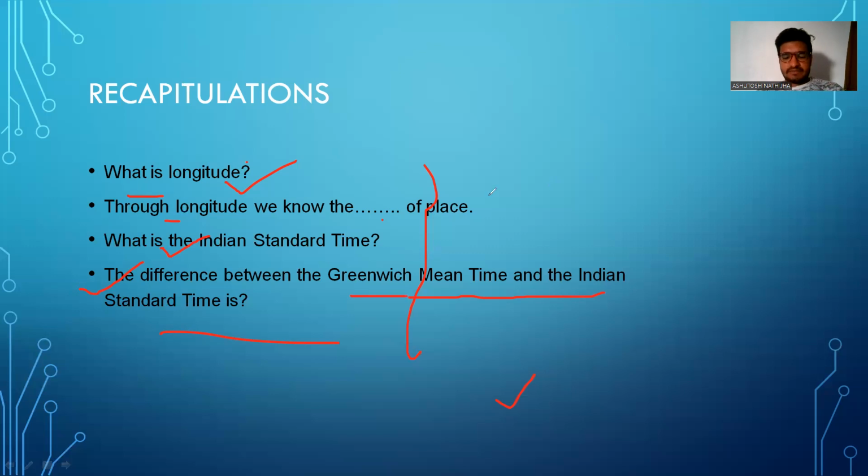So these are the differences between the two times, and when calculating, GMT is considered equivalent to UTC. So all these are differences between the standard time of Greenwich and India. Okay, students, clear now? Very good.